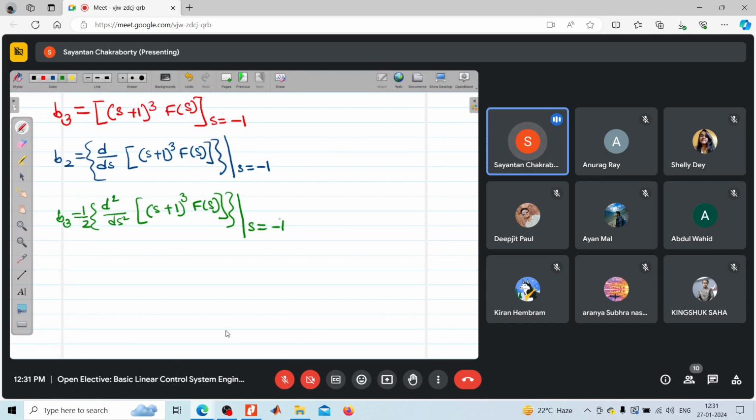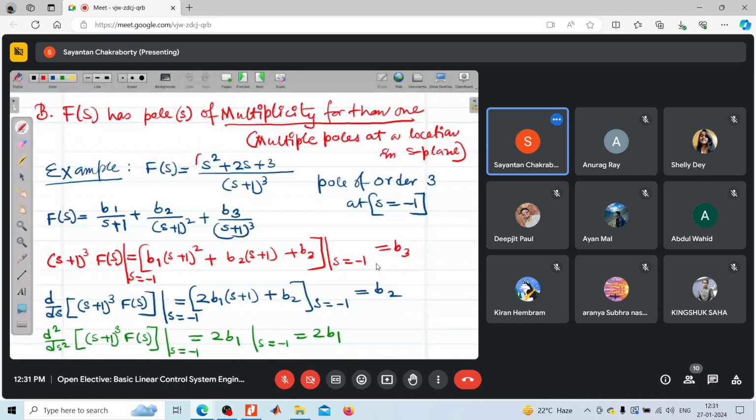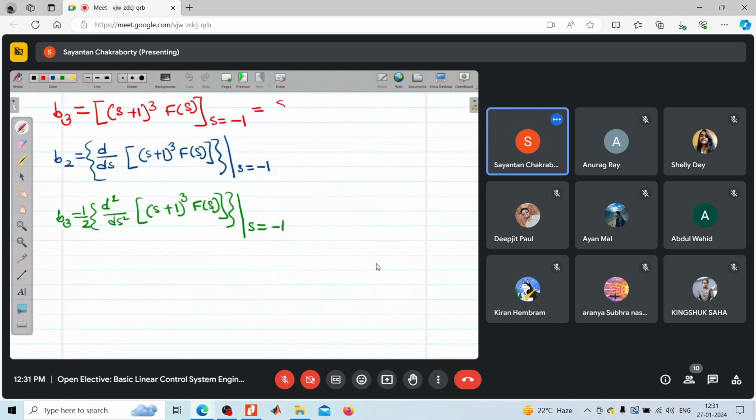Now let us try to calculate each and every one. For b3, s plus 1 whole cube Fs, we get only the numerator, so s square plus 2s plus 3, calculated at s equal to minus 1.